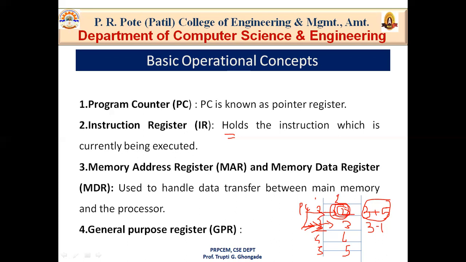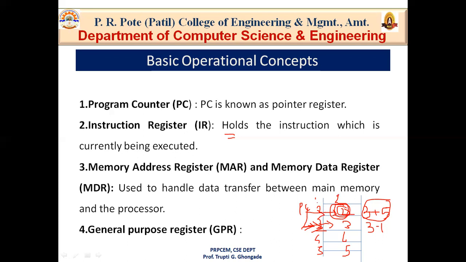Then the next special purpose registers are the memory address register and the memory data register. These registers are used to handle the data transfer between main memory and the processor. For example, this 3 plus 5 is stored at memory location 2.